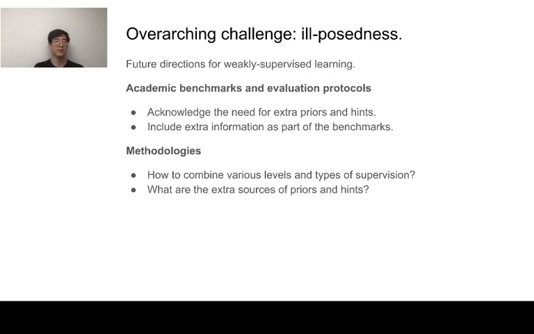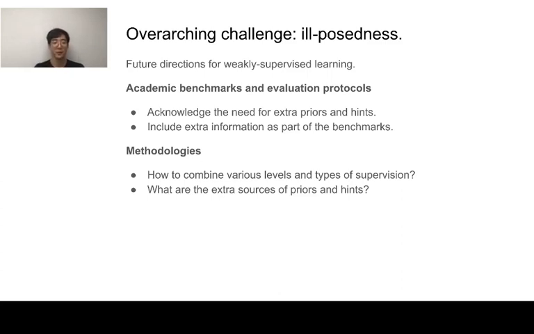We could also flip the problem and think about evaluating the human-in-the-loop approach. In terms of methodologies, we need to think about how to combine different sources of weak supervision. They may have different levels and types and modalities. So it is an exciting research question how to combine those different sources.